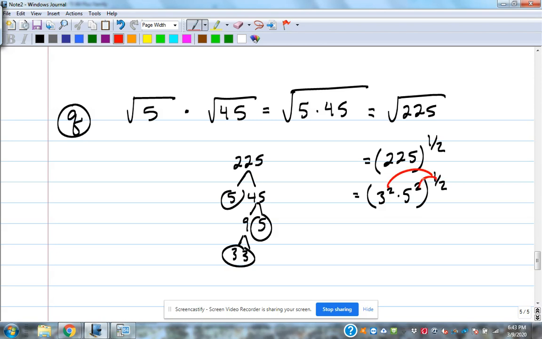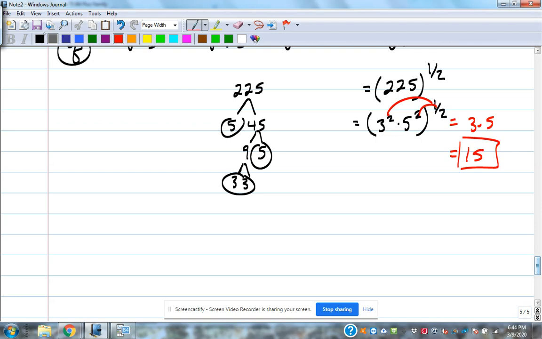Distribute. 3 times 5 is 15. All that work, and the square root of 225 is always 15. But the idea of doing the exponent rules is going to help you as we go through this stuff for the next couple of weeks.